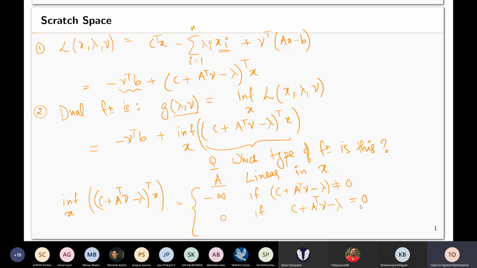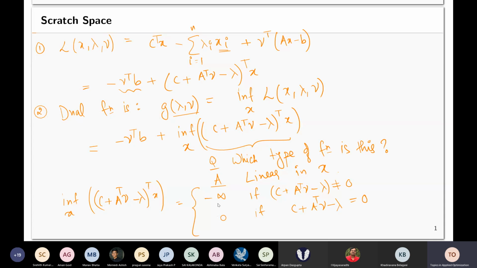So the interesting case is when this happens, because if it is minus infinity, it will take everything to minus infinity, right? So now we can talk about the dual function. So overall the dual function will be what? It will be equal to just this, because when C plus A transpose nu minus lambda is 0, the infimum will be 0, and otherwise it will be minus infinity.